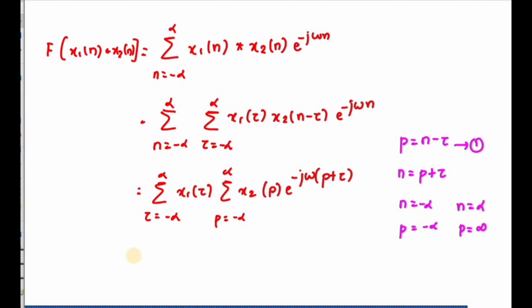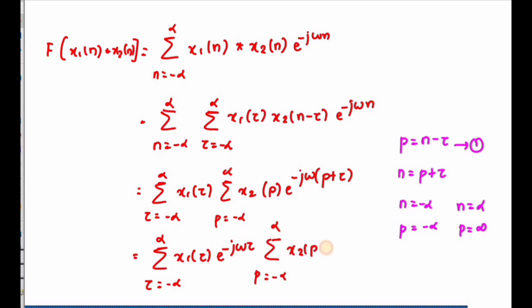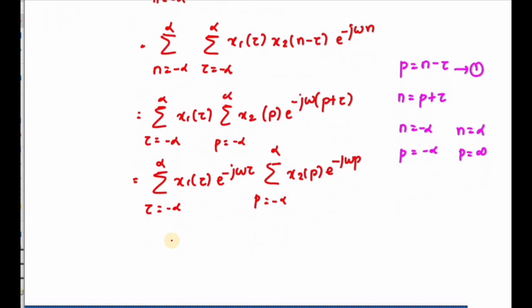So this I can write as the summation over tau of x1 of tau e power minus j omega tau, times the summation over p of x2 of p e power minus j omega p. Therefore, I can write this as X1 of e power j omega into X2 of e power j omega. So, hence the proof.